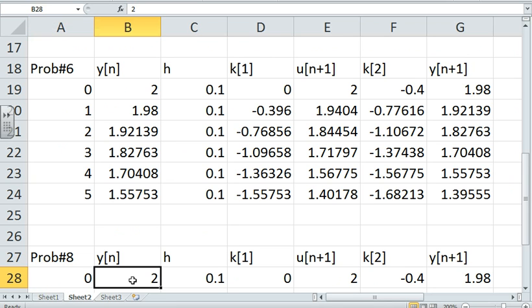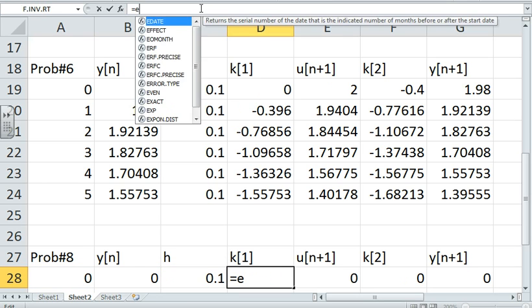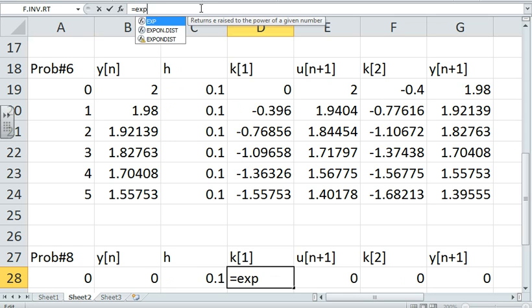Okay, the first guy is 0. K1 is the function, which is going to be exponential, so I put in the input: exp minus y minus B28.